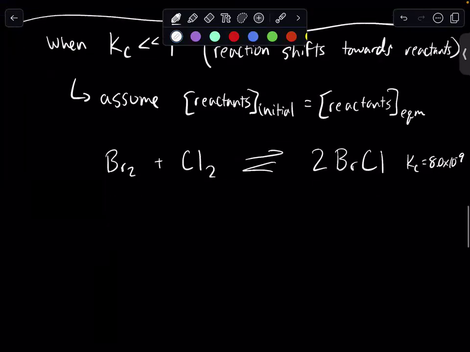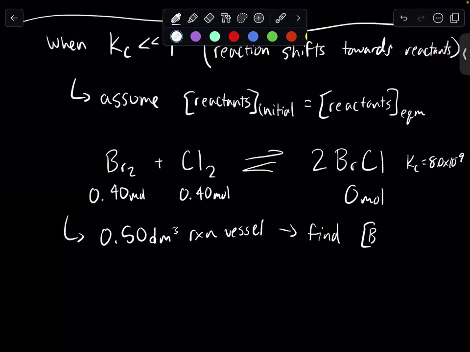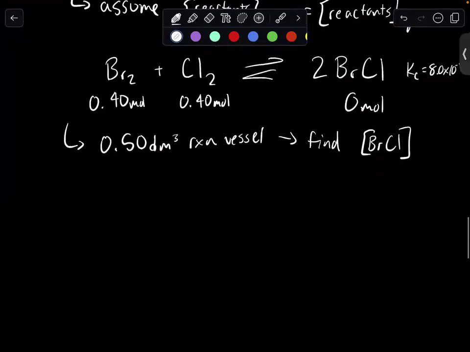Given our initial values of 0.40 mole and 0.40 mole and 0 mole, and we are now given a 0.50 decimeter cubed reaction vessel, we will find the concentration of BrCl. That is our goal here.